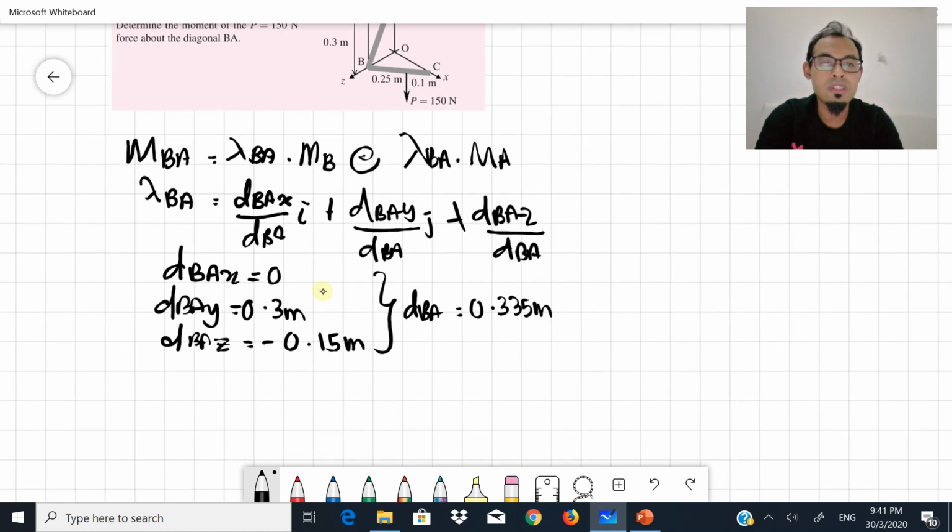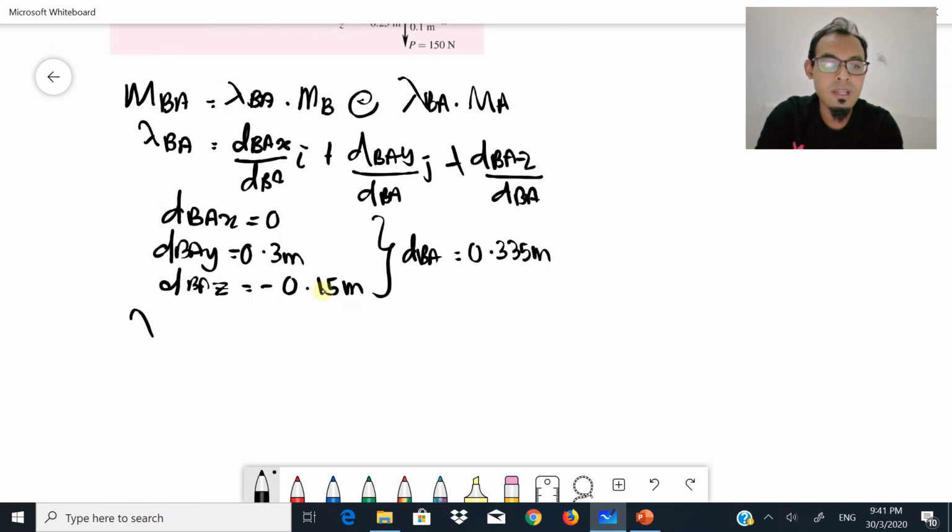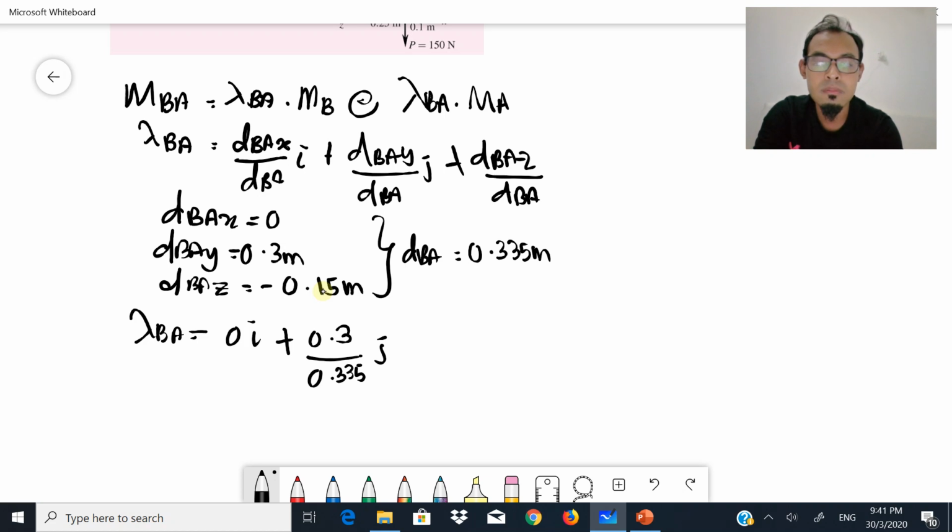Convert it into vector form, then we have lambda_BA equals 0 i, because d_BAx is 0, plus 0.3 over 0.335 j, plus that one should be minus 0.15 over 0.335 k.